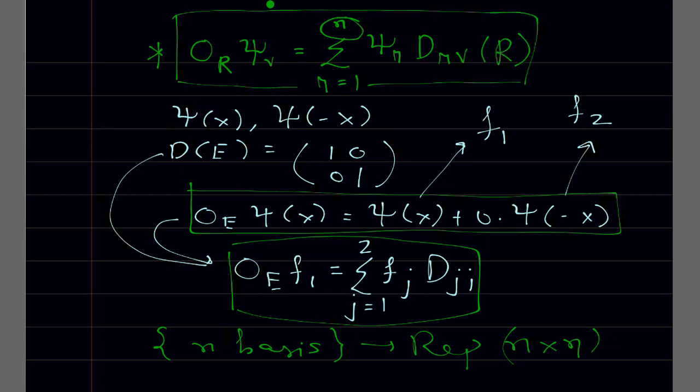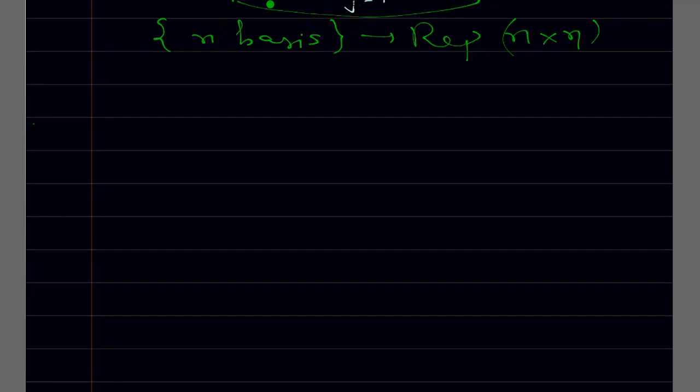Now this is a representation of one operator. Now to show that the operators satisfy the same behavior as the group elements, I need two of them. Okay, I need to work with two of them. So let me work with both of them.